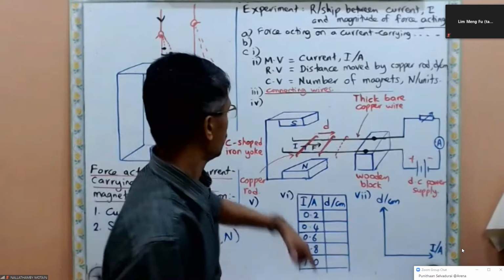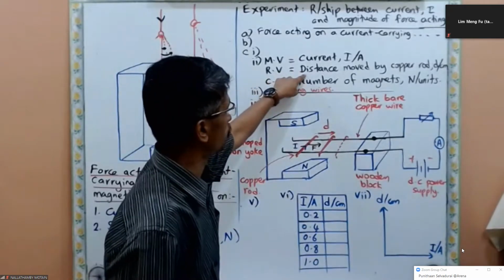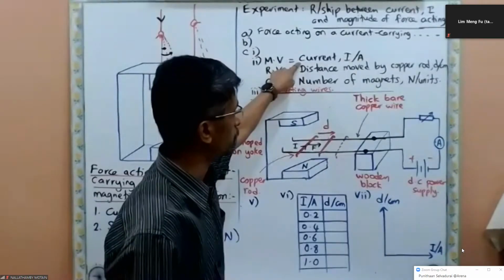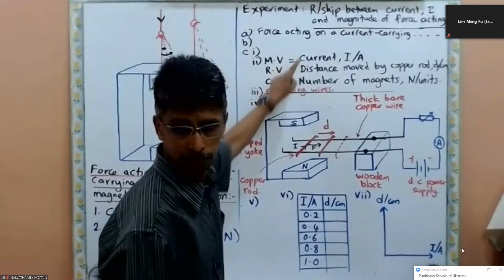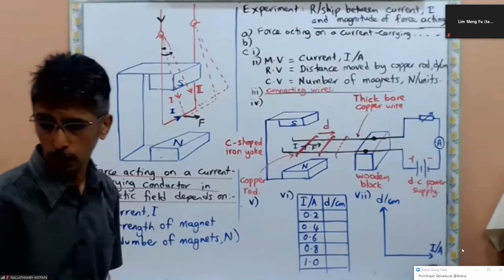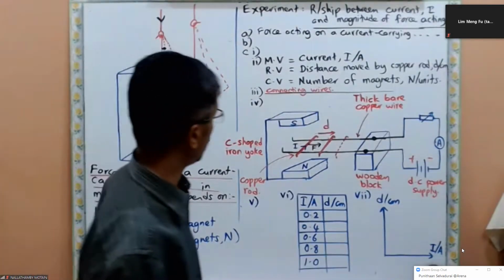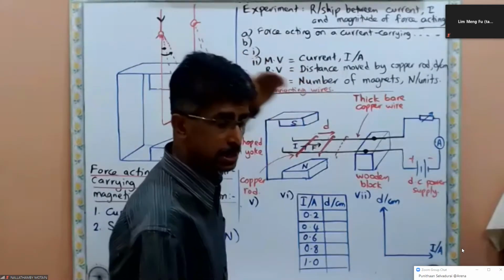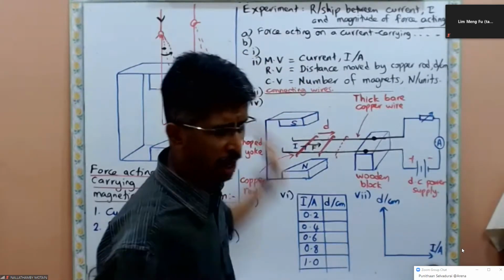Or you can write: distance moved by copper rod depends on current. That can also be used for the inference, hypothesis, and aim, all the answers to the set.